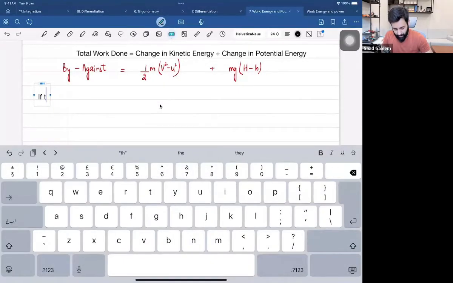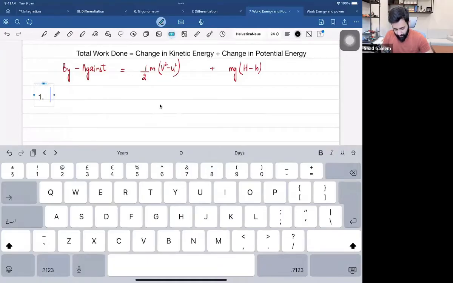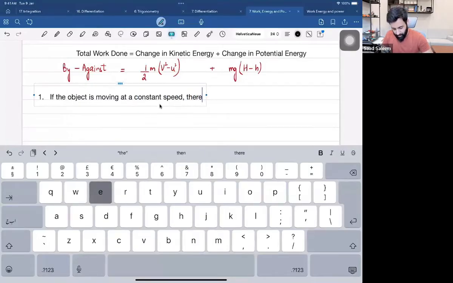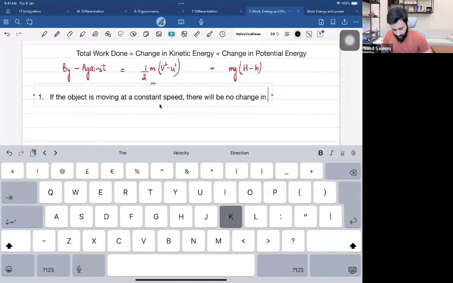Okay, so I'll write this down. These are important notes. Note number 1: if the object is moving at a constant speed, there will be no change in kinetic energy.